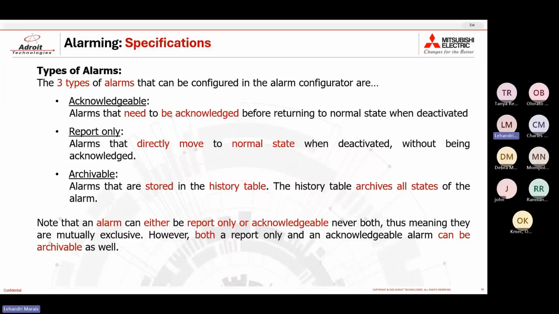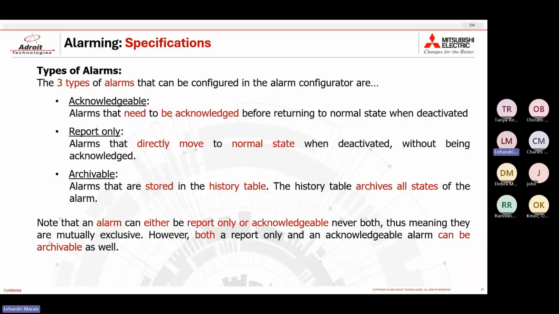Those are mutually exclusive, meaning you can't have an alarm that is both report-only and acknowledgeable. However, an alarm can be both acknowledgeable and archivable, as well as the report-only alarm can be report-only and archivable. So those settings can cross.